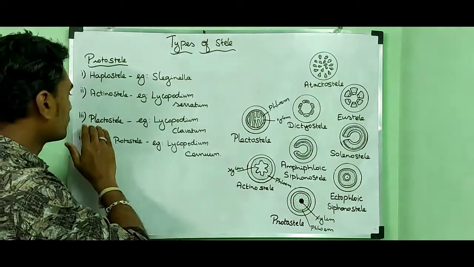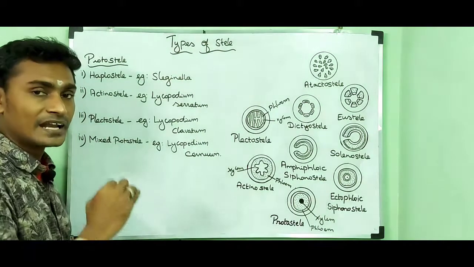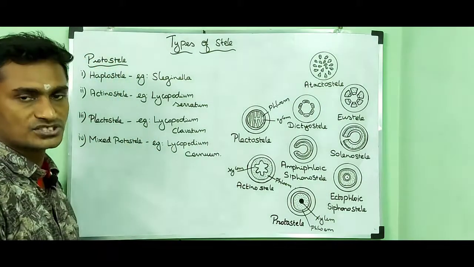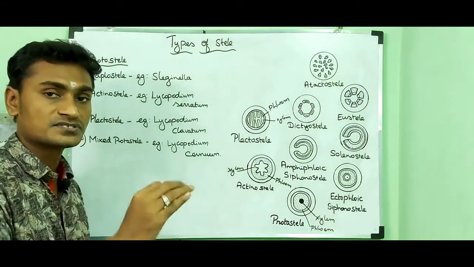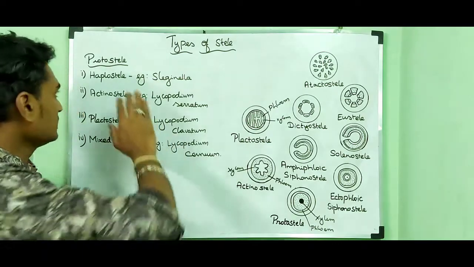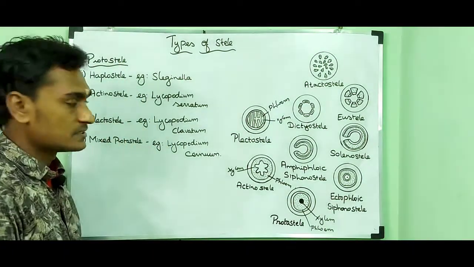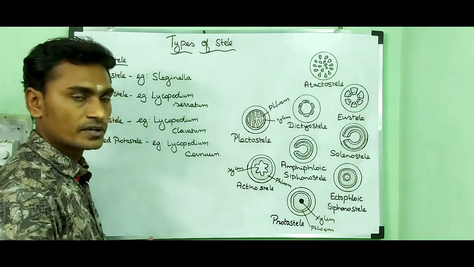Then the third type, plectosteel. Plectosteel is the most advanced type of steel present in protosteel. In this steel, xylem plates alternate with phloem plates.